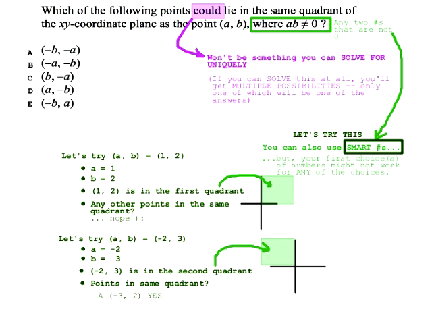With smart numbers, you could technically have coincidental answers, so you should not take very long to plug in the choices. B: B minus A is +2, and minus B is -3. That's not the right quadrant. C: the opposite of B is 3, and then the opposite of A is 2. That's not the right quadrant. D: A is -2, and the opposite of B is -3. No. And then E: minus B is -3, and A is -2. Nope. So we're done. It's A.